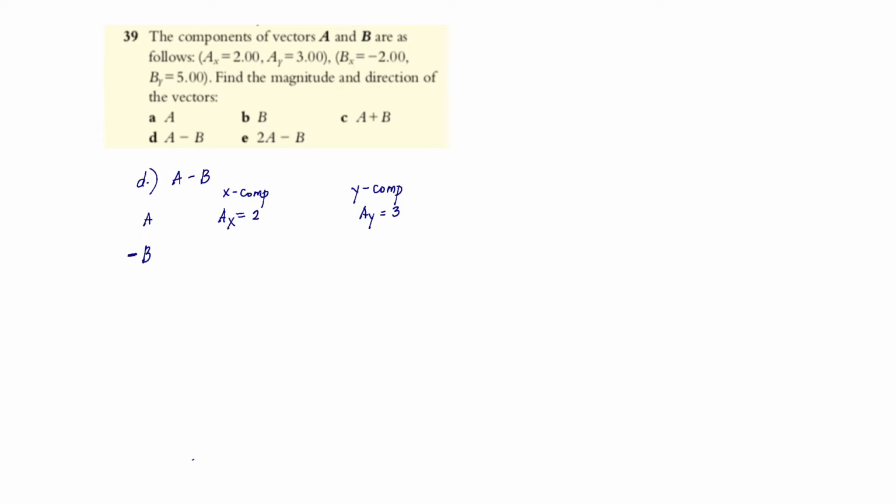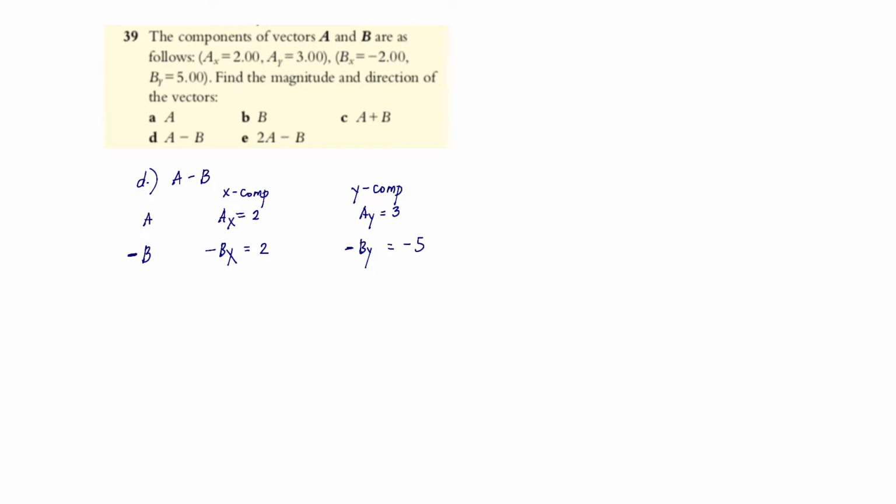This time it is negative b. So from bx of negative 2, this will become positive 2, and by, from 5, since it's negative, we're gonna have negative 5.